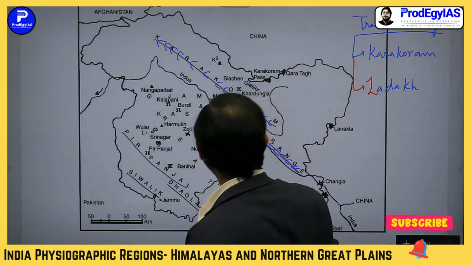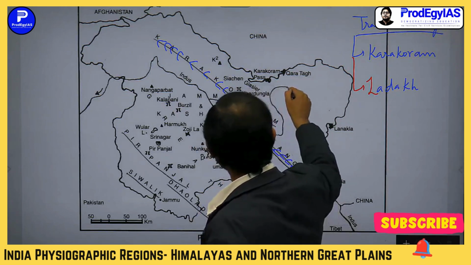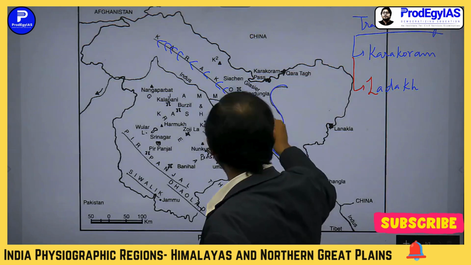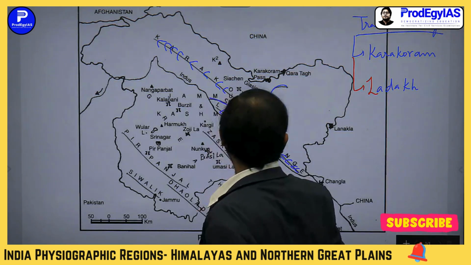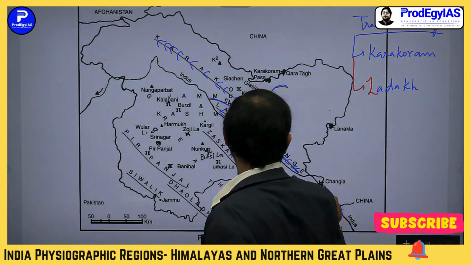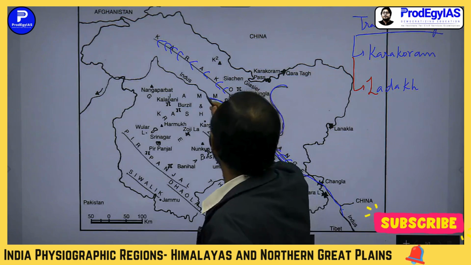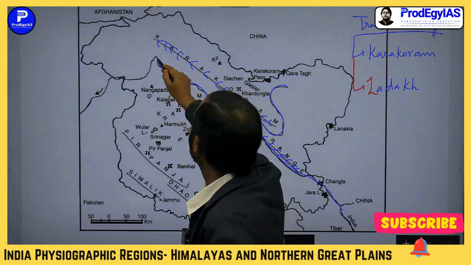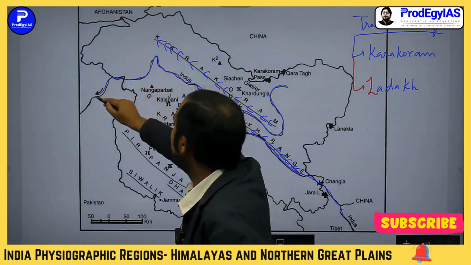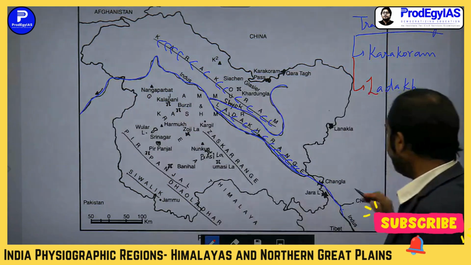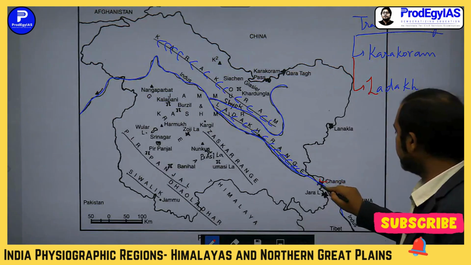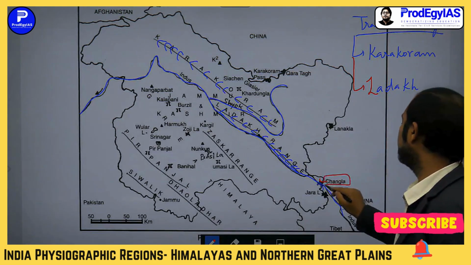See the location of Ladakh. It is between this Shyok River and Indus River. Indus goes all through this. In India, you can see here that Indus is entering from this pass, Changla.